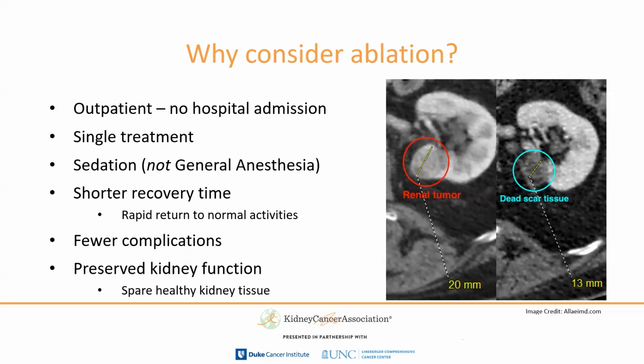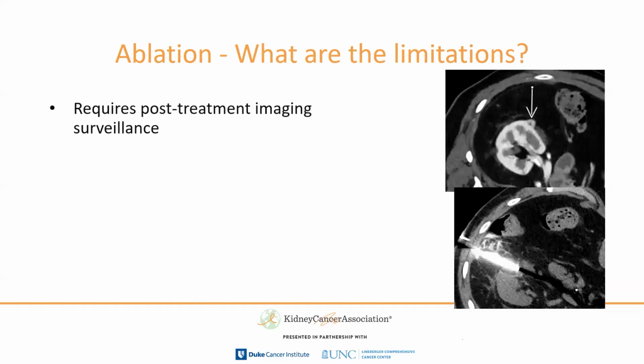So there's a tumor circled in red, and then after ablation, you can see the small area that was affected, and all the rest of this bright part here is normal kidney tissue that is not affected. So for some patients, that's really important. If you have one kidney, if you have a kidney transplant, or if you have chronic kidney disease where you really can't afford to lose much function at all, ablation tends not to impact kidney function much.